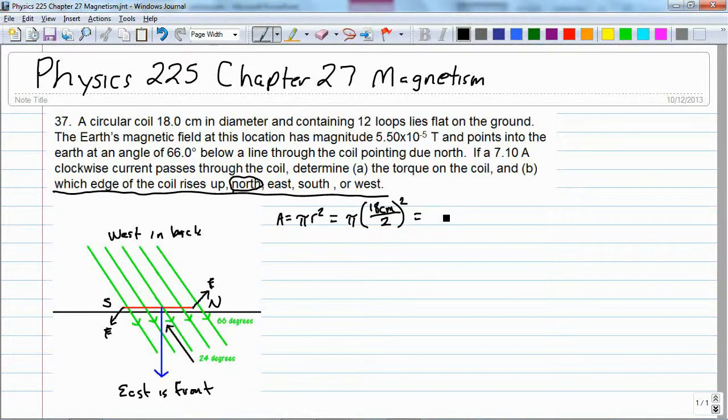That gives us an area of 0.025 meters squared.